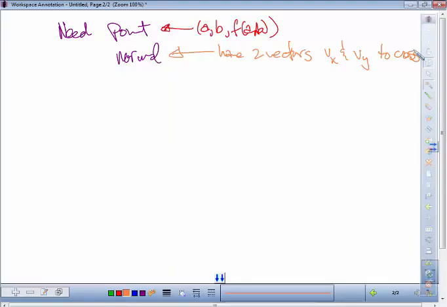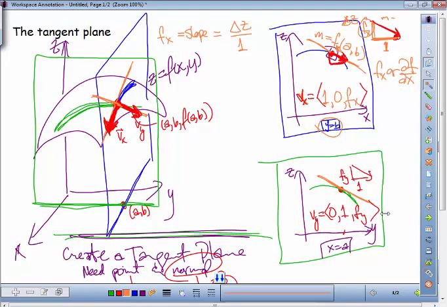Chris? That's a good question. How do we know which one to cross first, Vx or Vy? If we cross Vx, Vy, which way is my vector going to go?